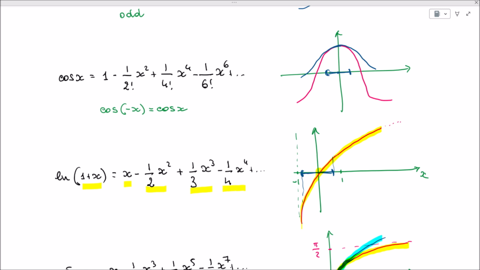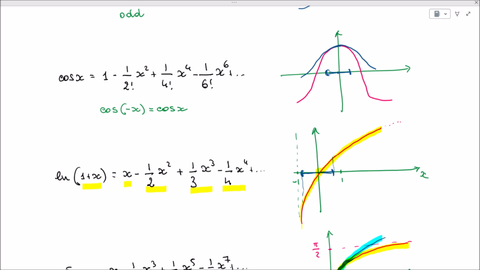So let's have a look at this function first. Okay, logarithm of 1 plus x is nothing else than the logarithm of x, which has been shifted to the left by 1 unit. So we see that now the logarithm will tend to minus infinity when x goes to minus 1.